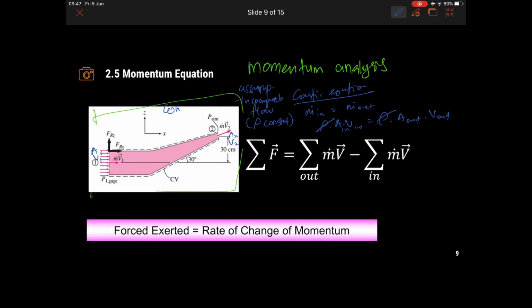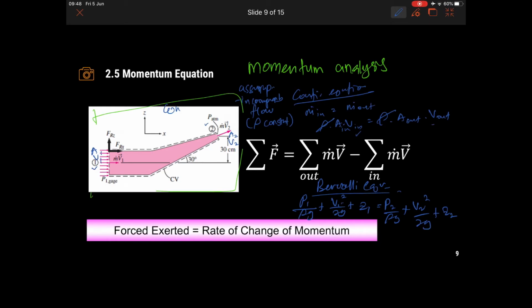And after that we studied the Bernoulli equation. I hope it's still fresh in your mind, if you studied. Remember what I always say, whenever you have 2 points you can have one set of Bernoulli equation, not 2 sets. So P1 at point 1 over rho g plus V squared over 2g plus Z1 equals the same at point 2 plus Z2, right? Let's say we already used the continuity equation, then we have V for both of them.